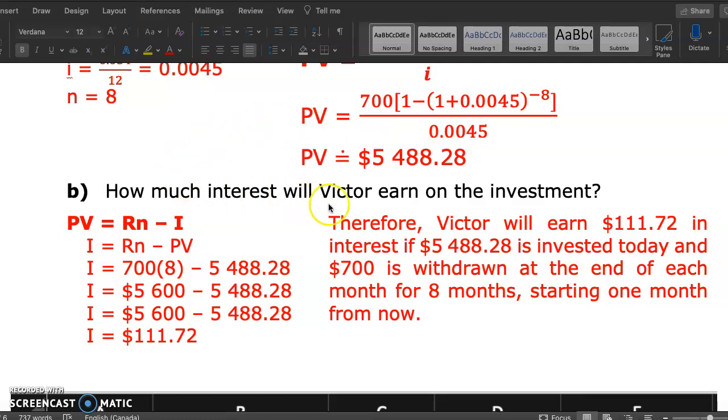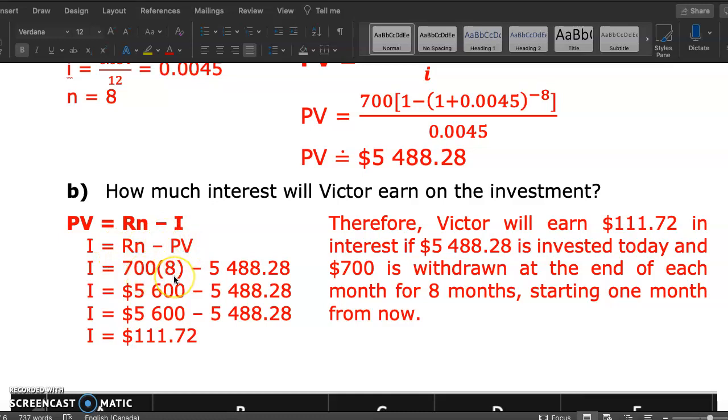So how much interest will Victor earn on the investment? The present value is equal to the sum of your regular payments, so R, the regular payment, times N, the number of times that you withdraw that payment, minus the interest that's accumulated. If we rearrange this formula for I, or isolate I in this equation, we end up with Rn minus PV.